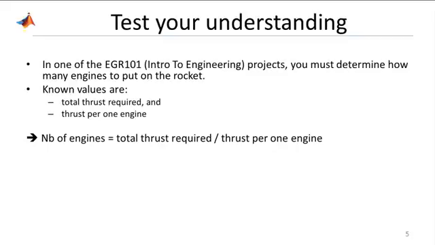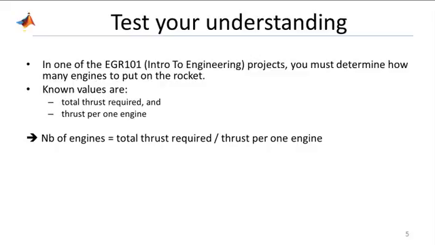In one of the other classes related to engineering, EGR115, Introduction to Engineering, and in one other project, the rocket project, you have to determine how many engines you're going to put on the rocket. Now, through extensive calculations, you know how much thrust is needed overall, and you have picked an engine, so you know the thrust of one engine.